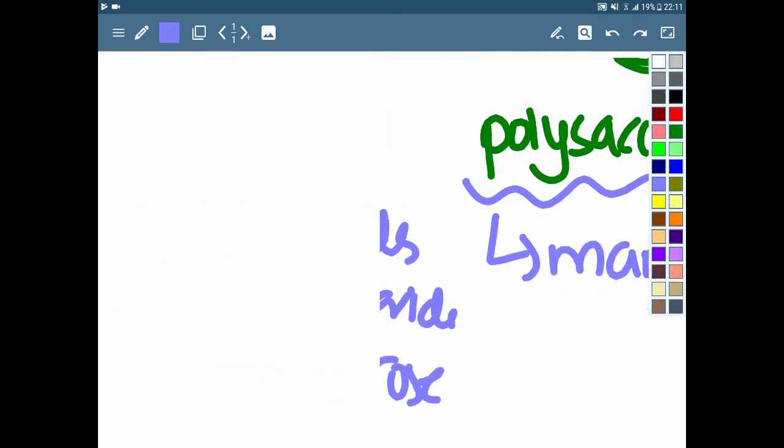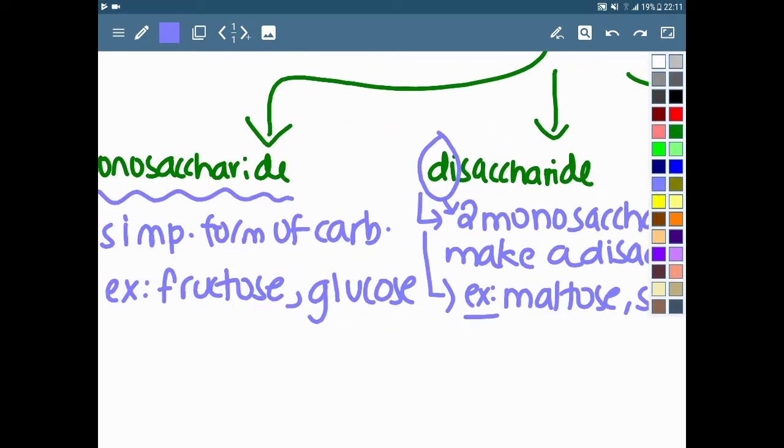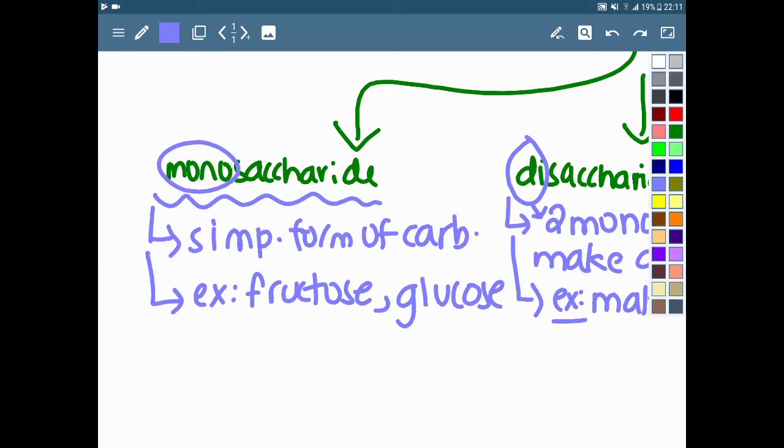So poly means many, di means two, and mono means one.